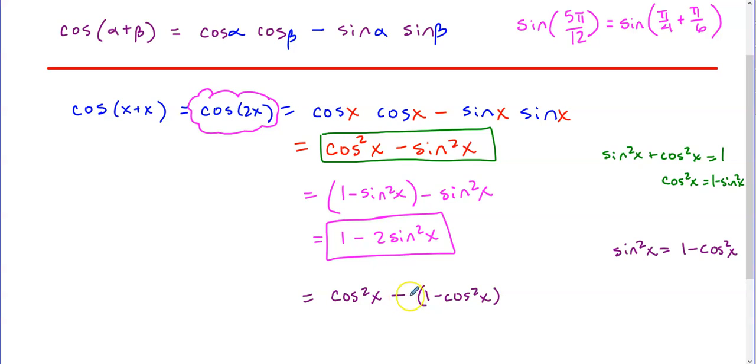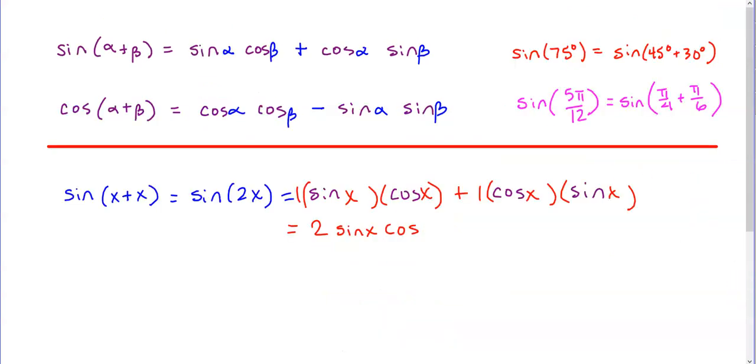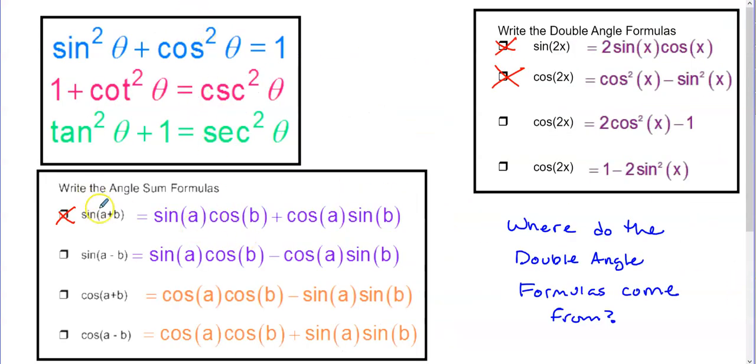Cosine squared plus cosine squared, there are 2 cosine squared x minus 1. So all 3 of these boxes are equal to the cosine of 2x. And that's where these things come from. They come from messing around with a particular formula. You really need to know one identity, and then you can get all 4 of these.